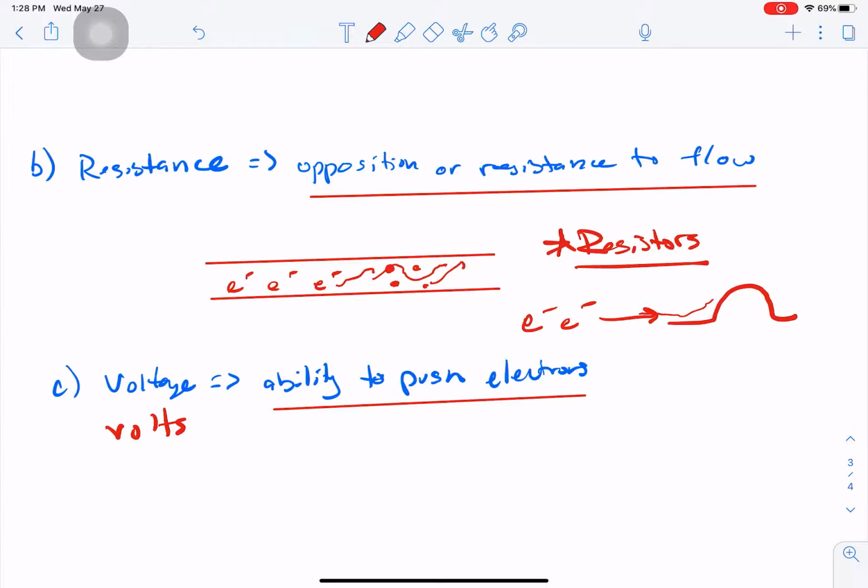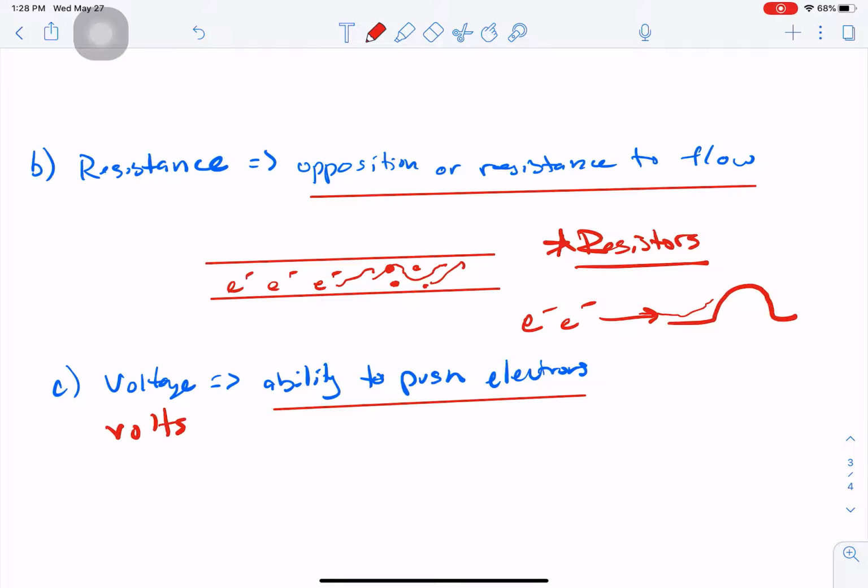Okay? Now, I'm going to keep bringing up this analogy to a water tank. Voltage or potential difference or the change in voltage can be compared to water stored in a tank. The larger the tank, the greater the height of the tank, the more water can flow through.